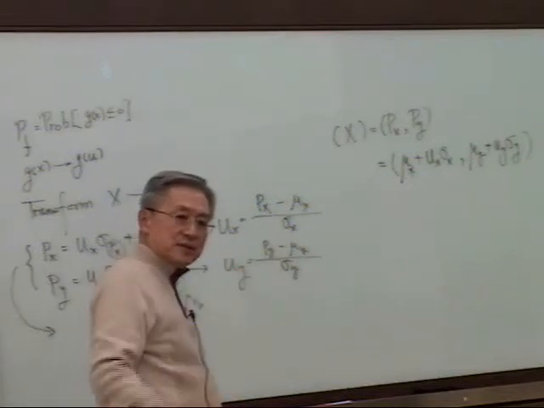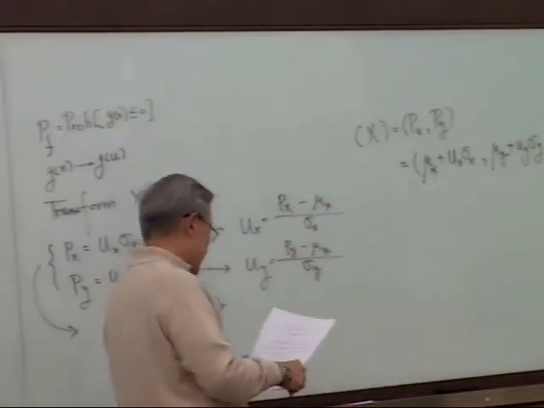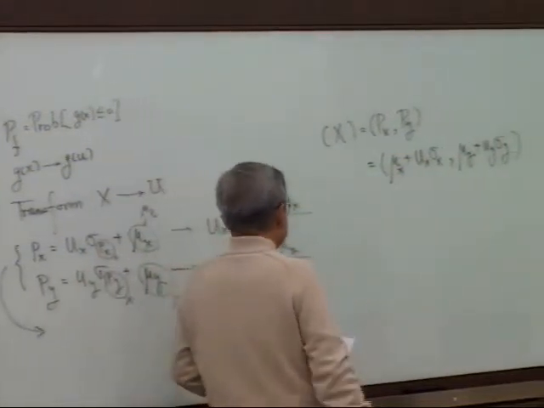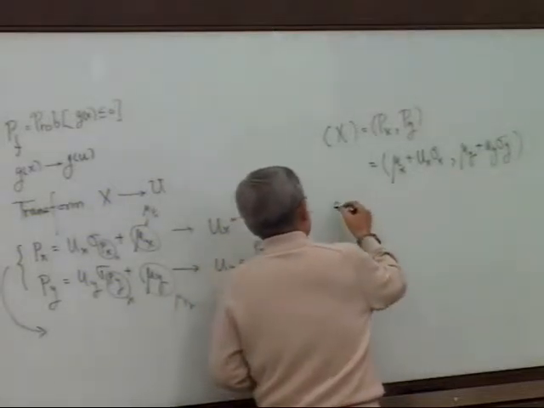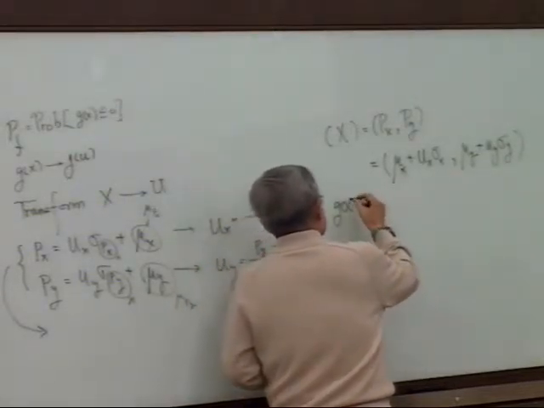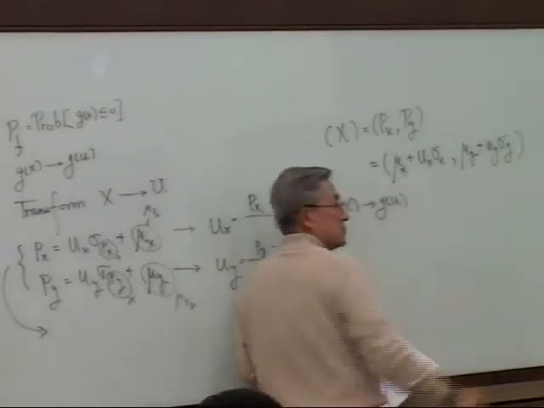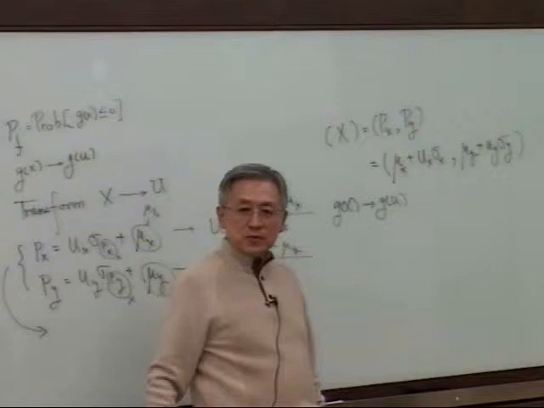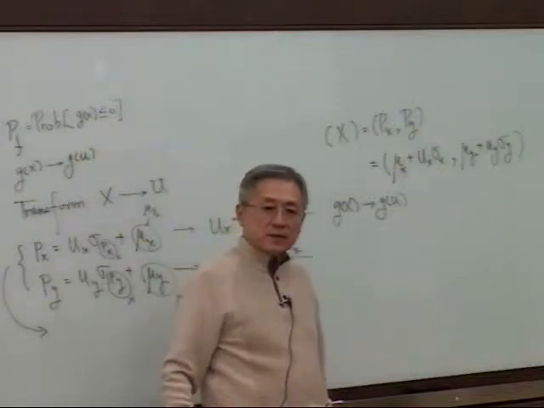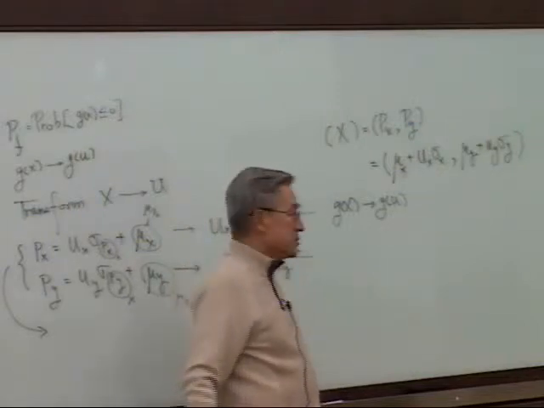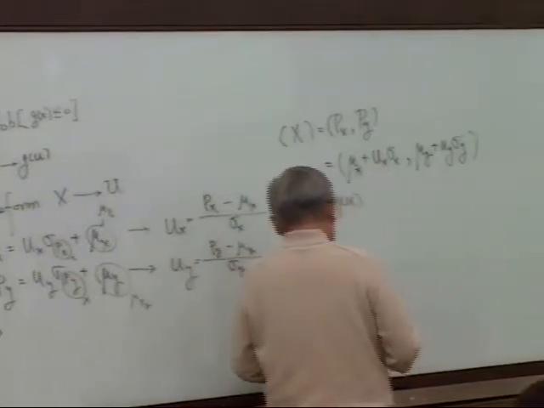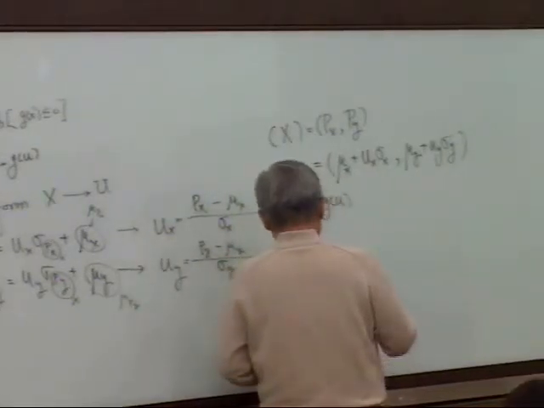Now we are in the U space, the U domain. Then I can rewrite Gx into the U domain. Convert into the U domain, then we can handle it nicely using the standard normal distribution function.